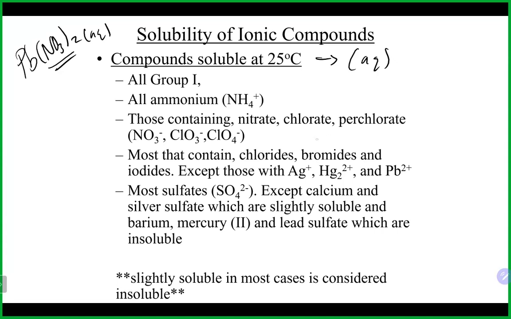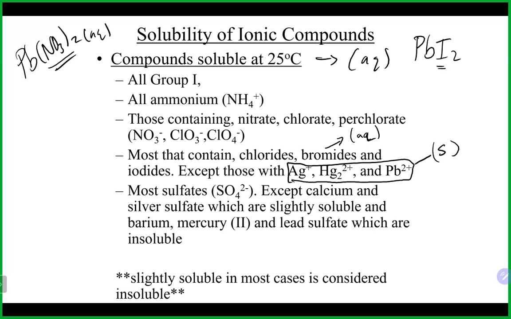So most of the bromides, chlorides, and iodides are soluble, but if you have any of those with these exceptions, then they become insoluble and actually form a solid. That's why on the right-hand side of our example, this is iodide, which is soluble with everybody except lead, which makes it an exception, so it's insoluble and actually a solid, which is what the S stands for there.